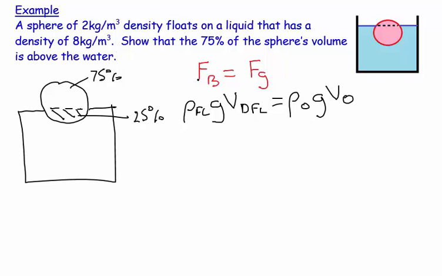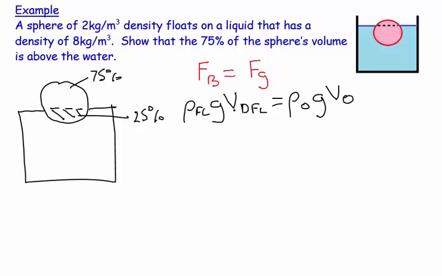Now, what I want is a ratio between the volume above the surface of the fluid and the total volume. And it turns out that's not so easy. That's not the easiest part to get. The easiest part to get is the ratio of the volume under the fluid to the total volume of the object.